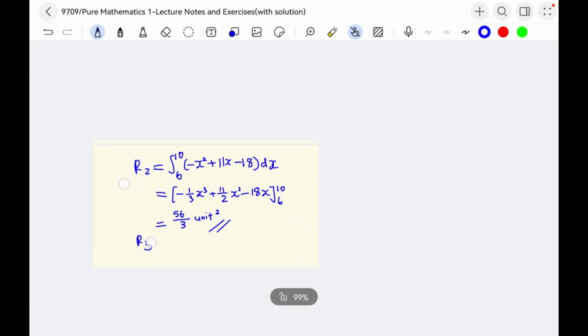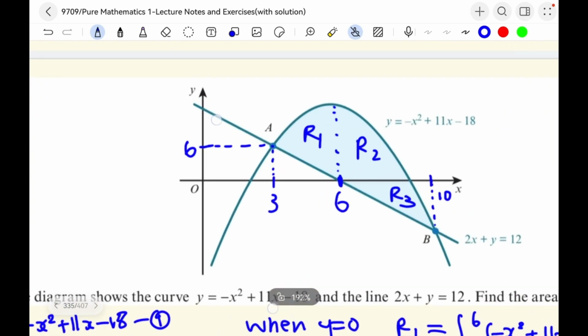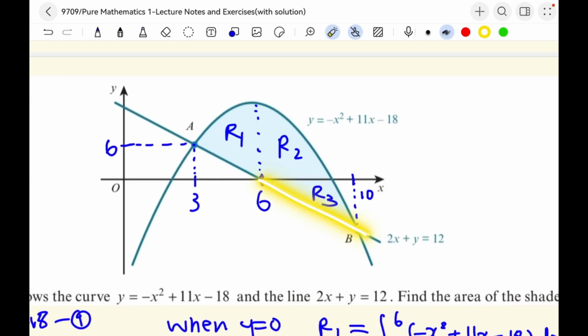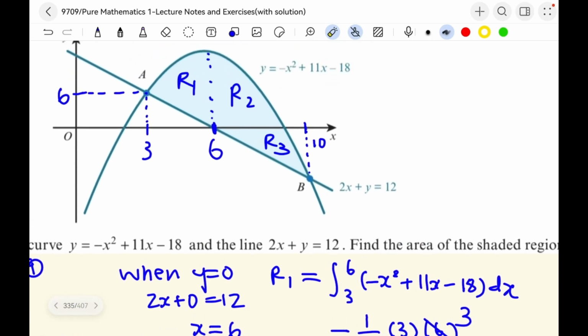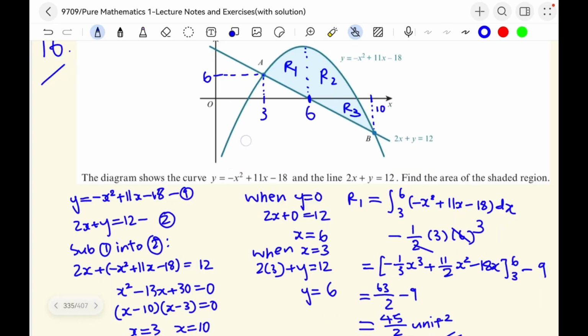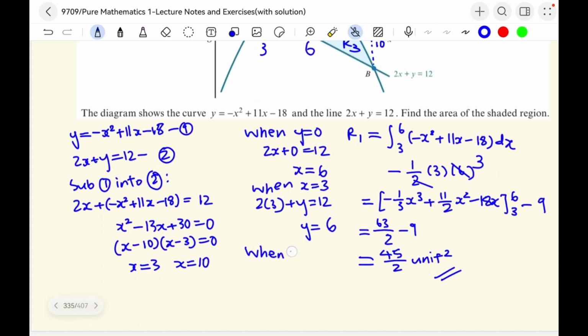For region 3, it's actually bounded by the straight line and the curve and also the x-axis. So which is the biggest? Apparently, it's the right-angled triangle. So now let's get the area of the triangle, which is half times 10 minus 6, which is 4, multiplied by the y coordinate for B. So when x equals 10, just substitute inside the linear function to save your time.